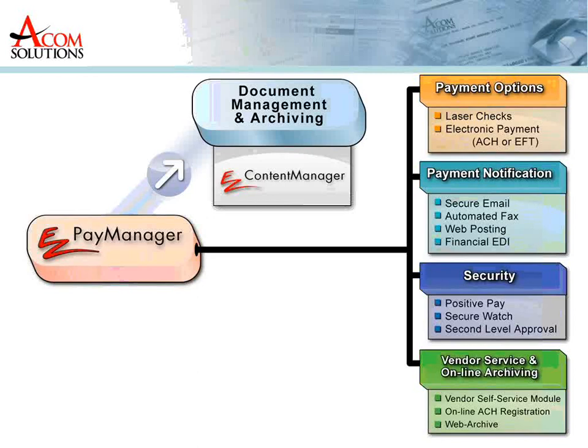Please go to a designated URL, in our case acom.com, and take a look at why you should sign up. We have a self-registration module that allows vendors to sign up and maintain their own registration. This is a big benefit. It really helps organizations increase vendor adoption of electronic payments, thereby providing significant cost savings and security benefits.